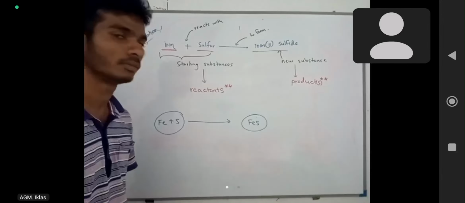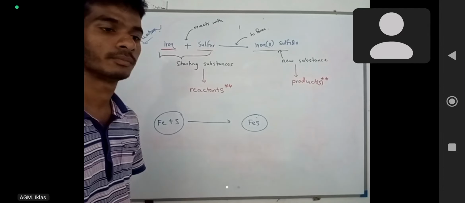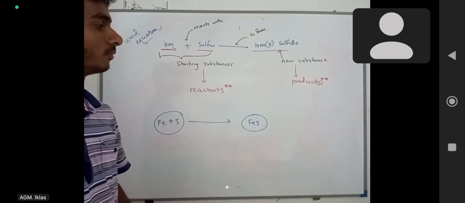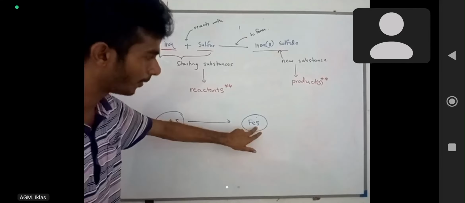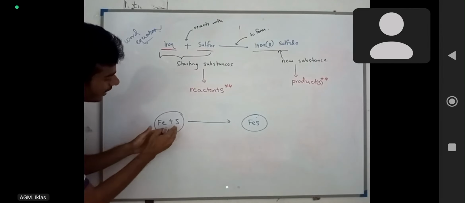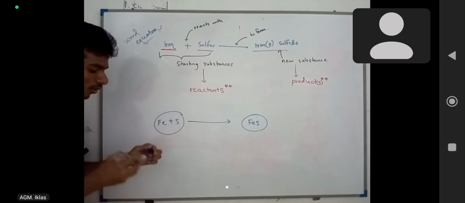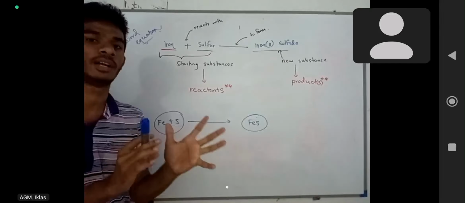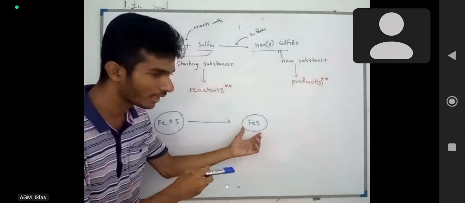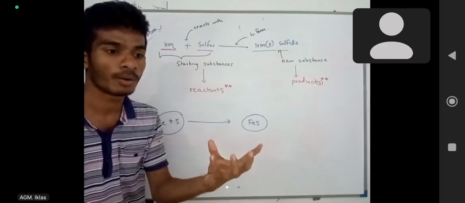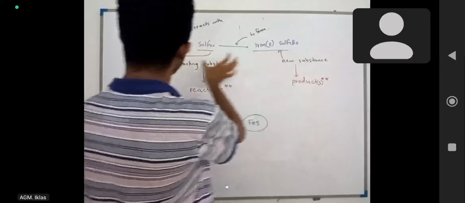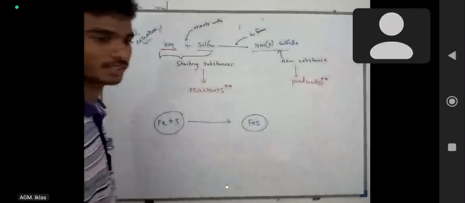It's a compound, an inorganic compound. The starting one was a mixture of Fe and sulfur, a mixture of black and yellow color. You can observe some black and yellow, but here you can observe pure black. So that's why we said the new substance is completely different from the starting substances.